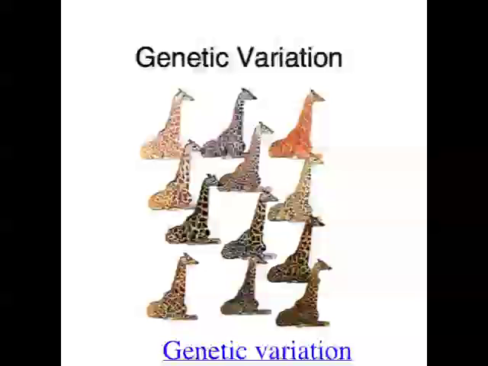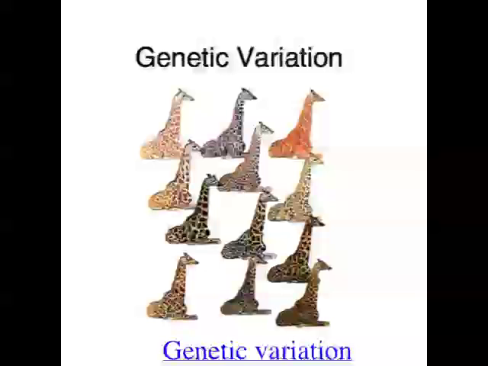But depending on what kind of environment you grew up in will also affect your height. People who had lots of food available to them while they were young and going through puberty will grow to be taller than those people who had very poor nutrition. So height is controlled by a bunch of different genes, but it's also controlled by your environment. So we can see that variation can be caused by environmental factors or genetic factors.